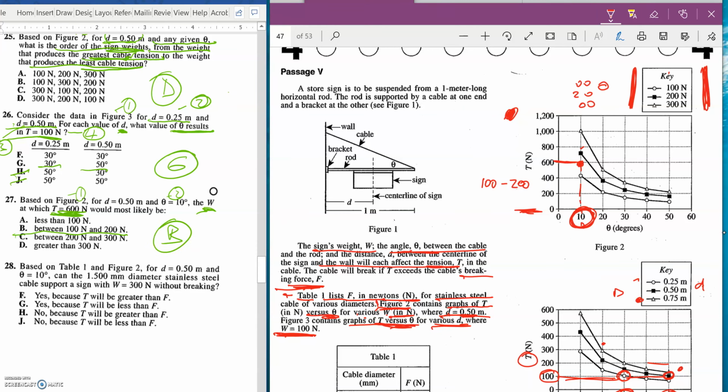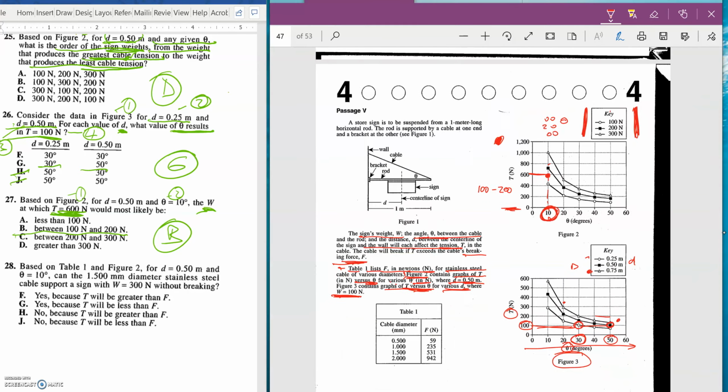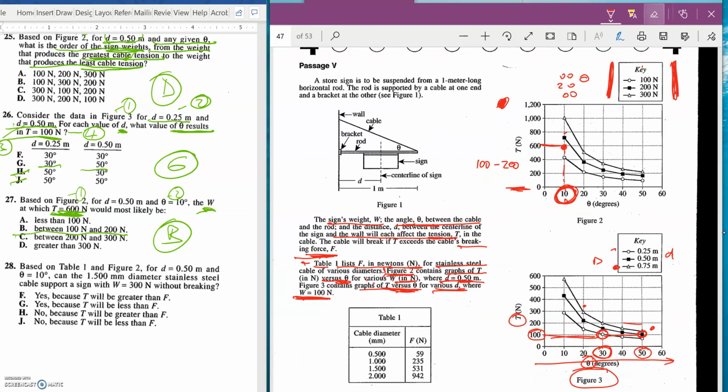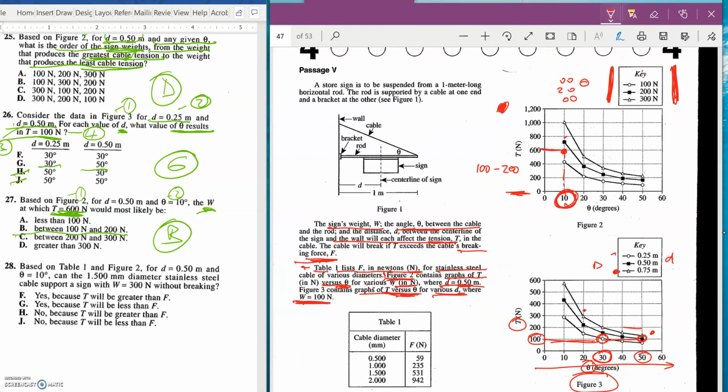All right, based on table 1, scrunch this up a bit. Based on table 1 and figure 2, so that's our first step, is find those. For D equals 0.5 m and at theta of 10 degrees. I know figure 2 just deals with D equals 0.5, so I don't have to worry about that. So theta equals 10 degrees will be step 2.